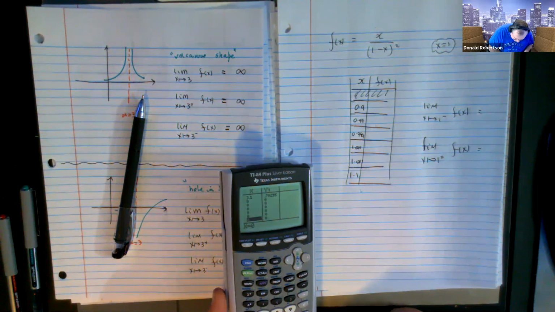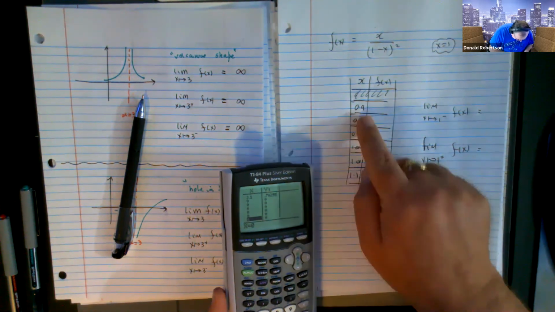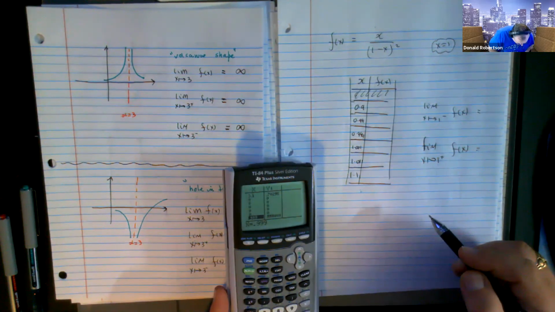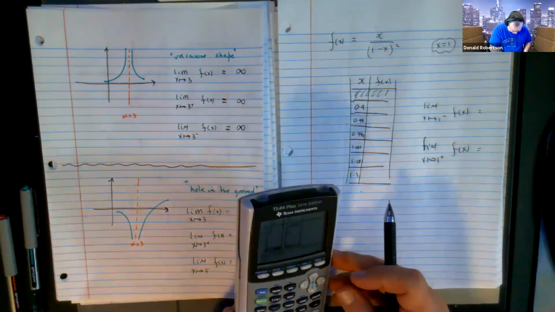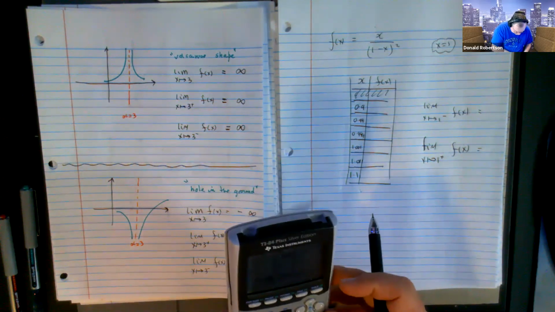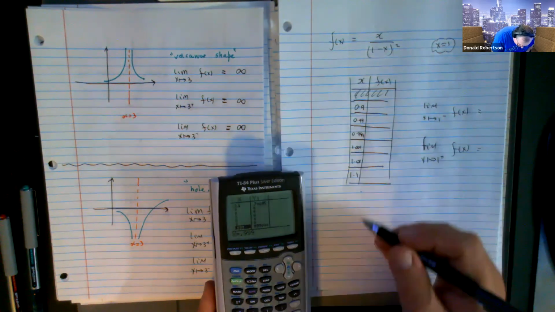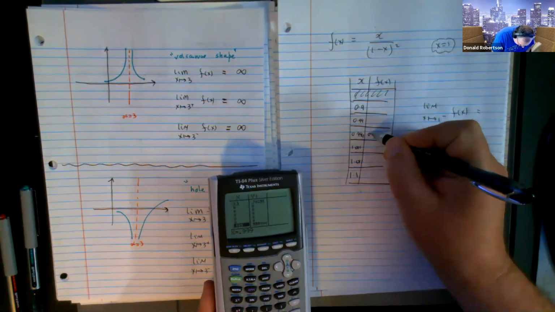Okay, so 0.9, then 0.99, then 0.999. This guy here is 999,000.